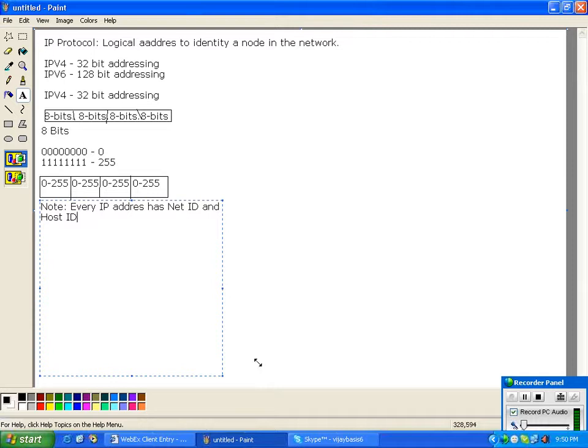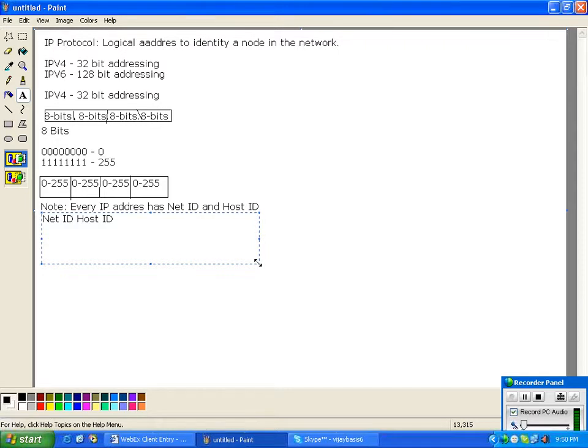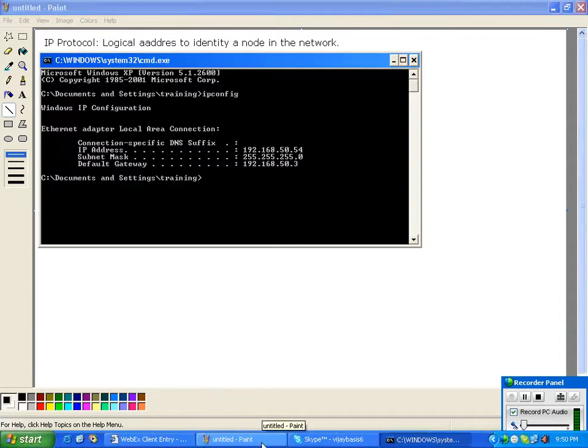It is just like a telephone number, where you have the city code, the area code, and the telephone number. An IP address is logically divided into two parts. One is the net ID and the other one is the host ID.